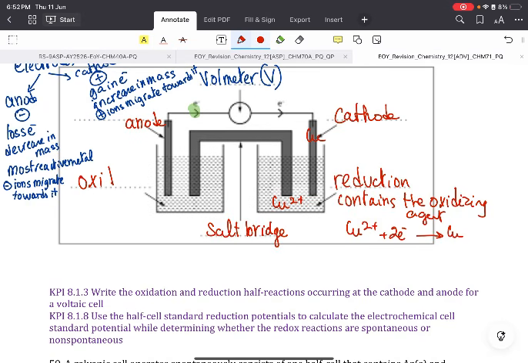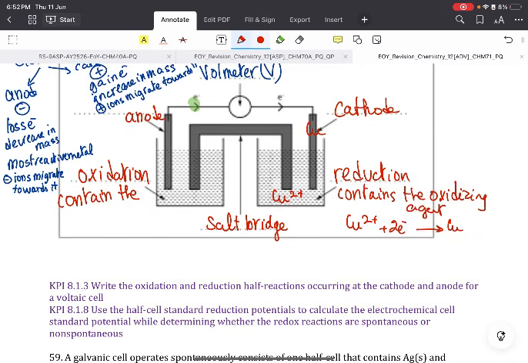So I have here an oxidation, and this one will contain the ions of the anode, because the metal is going to oxidize into ions. So this one is going to contain the ions of the anode, or you can say solution of anode, or anode solution.